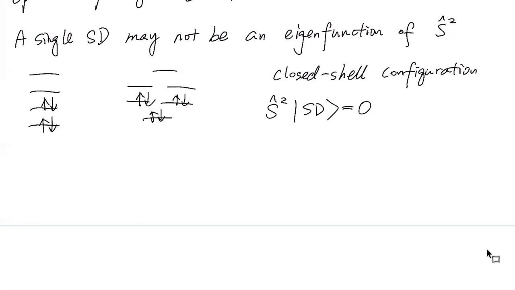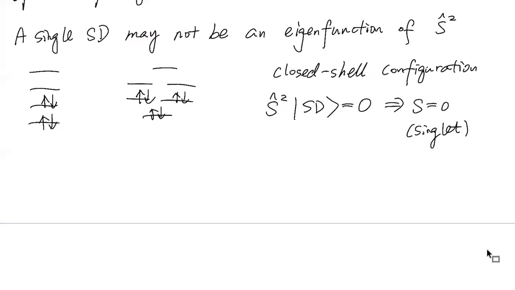That means the spin quantum number is 0, or you can say the magnitude of the spin angular momentum is 0. And this is the so-called singlet, because 2S plus 1 is equal to 2 times 0 plus 1, which is equal to 1. And this is called the singlet state.